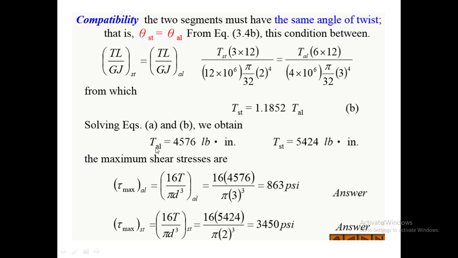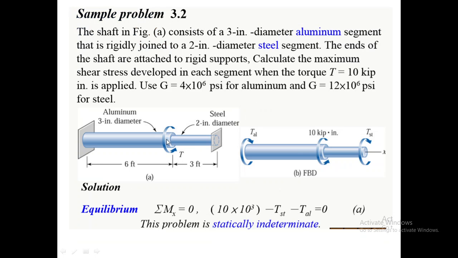So here you can see that the aluminium portion develops around 4,500 Newton meter, and steel develops 5,500 Newton millimeter. So in this problem the steel will develop 5,500 Newton meter torque, and the reaction torque in the aluminium will be 4,500. If we add these two, it will be equal to the applied torque.